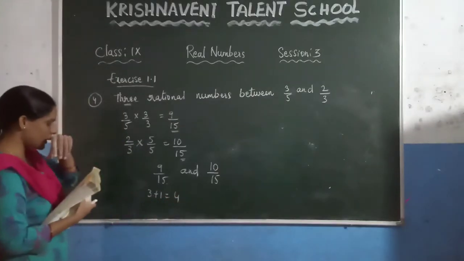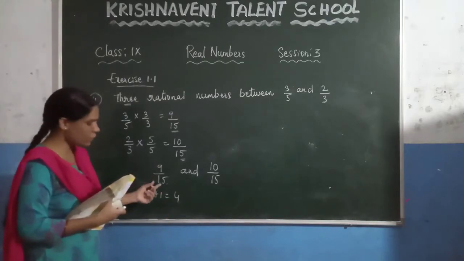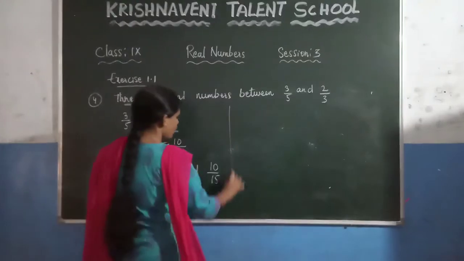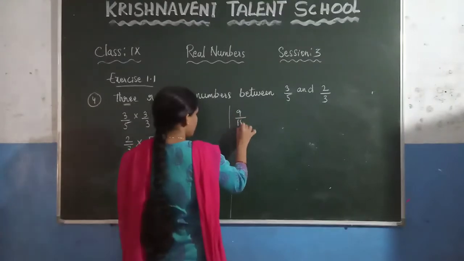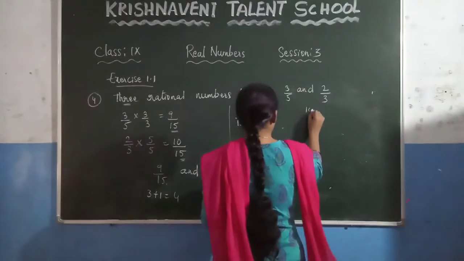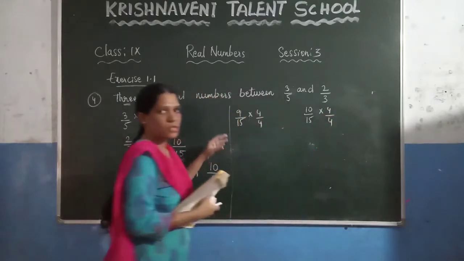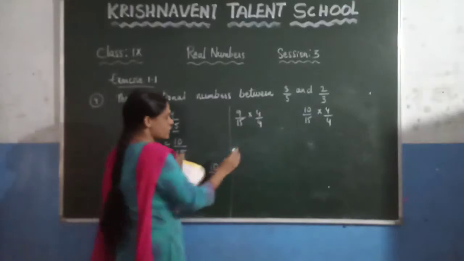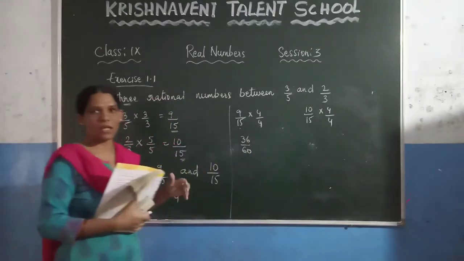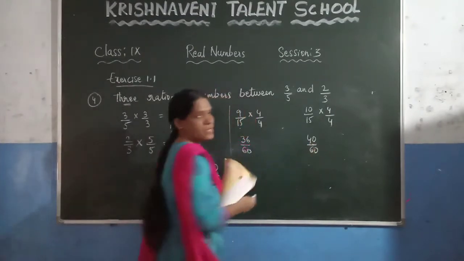Now multiply and divide both numbers by 4. 9 by 15 into 4 by 4, and 10 by 15 into 4 by 4. So you get 9 into 4 which is 36 and 15 into 4 which is 60, and then 40 by 60.